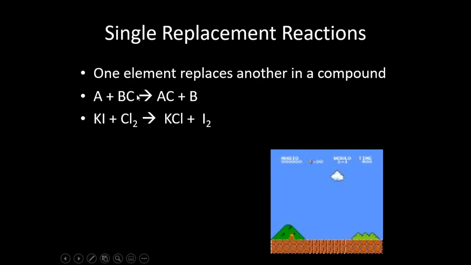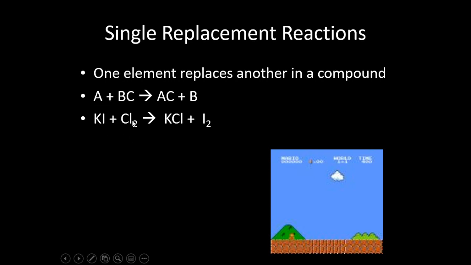This arrow means a chemical reaction occurred, and then we end up with AC plus B. So basically what happens is one element is going to kick the first element out of the compound, and it's going to replace it. This occurs due to activity series, which that's going to be a different video. But if we look at this, we have potassium iodide and we have chlorine.